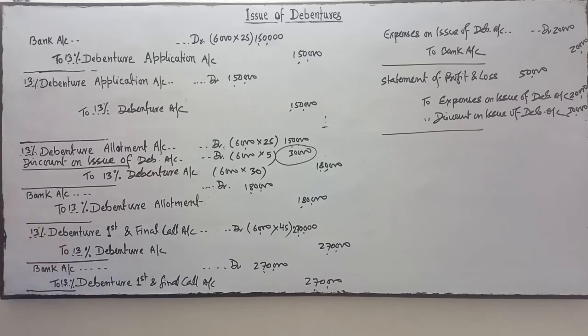Then being 13% debenture allotment due, which was issued at a discount of rupees 5 on 6,000 shares.